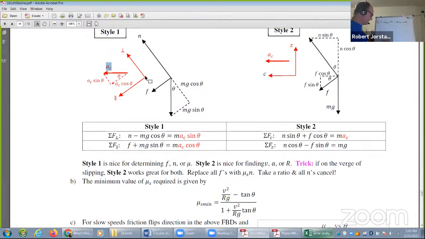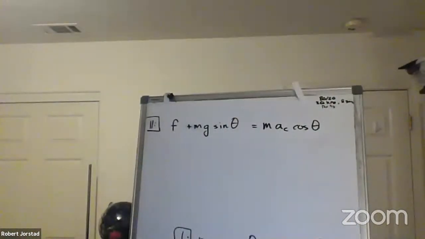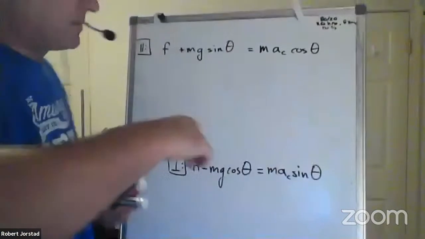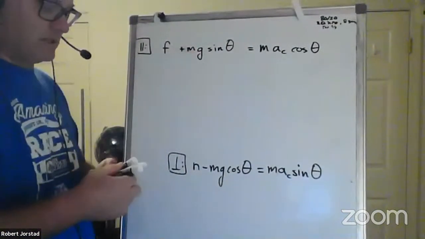Perpendicular is N minus mg cos equals MAC sine. So this was from the force parallel and force perpendicular.